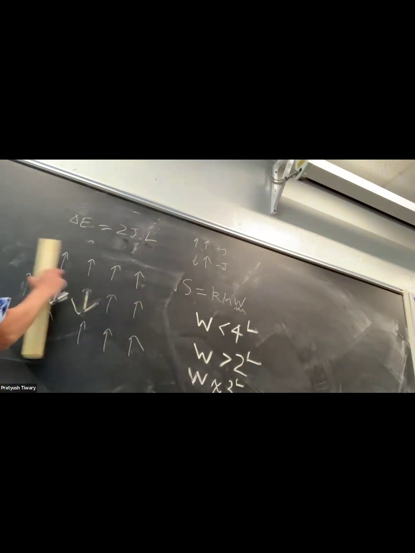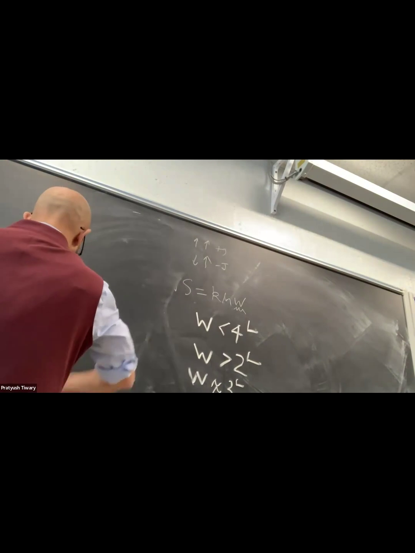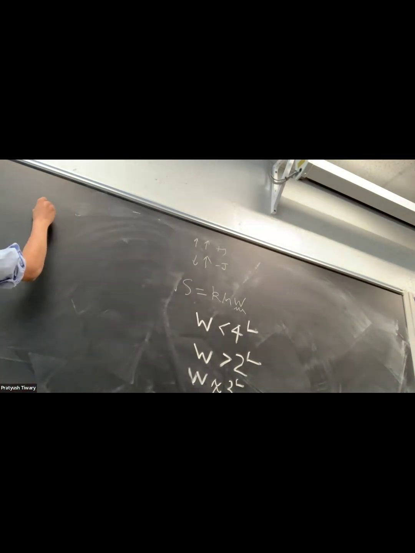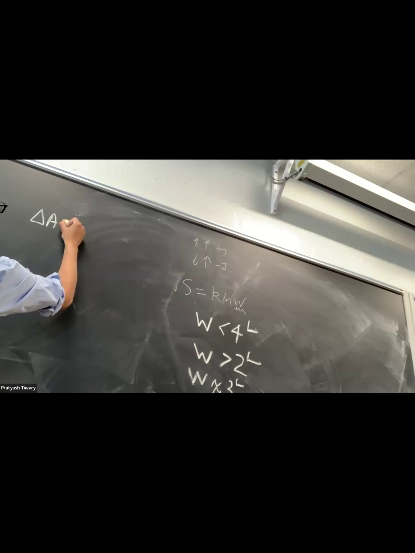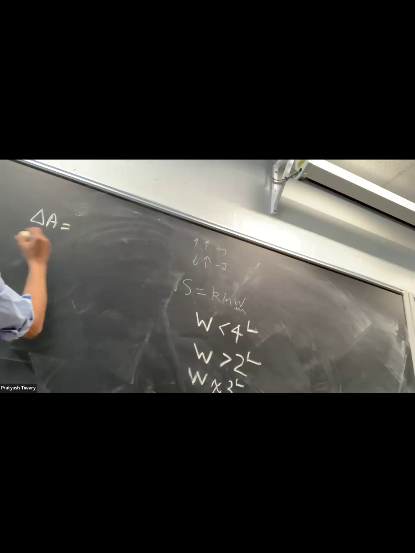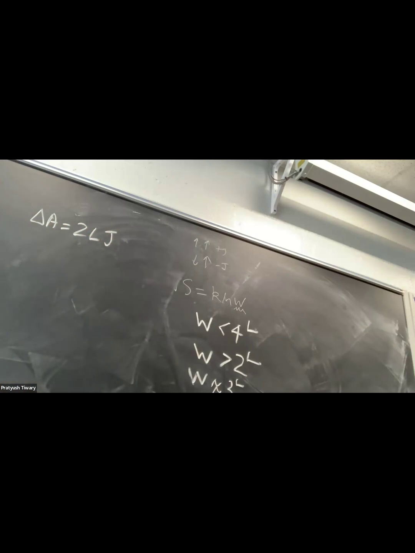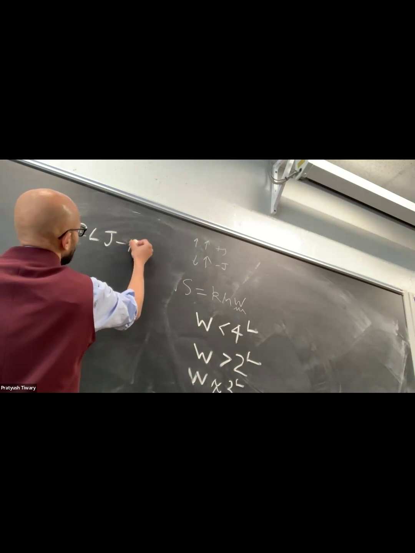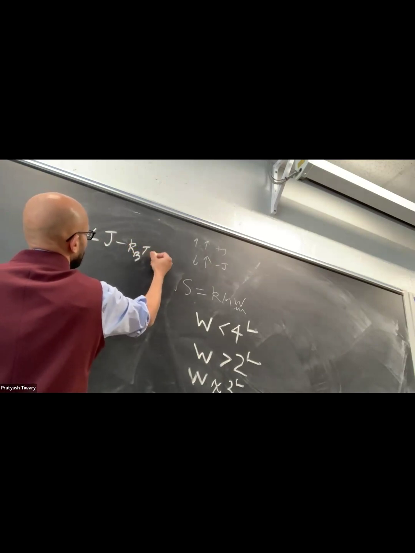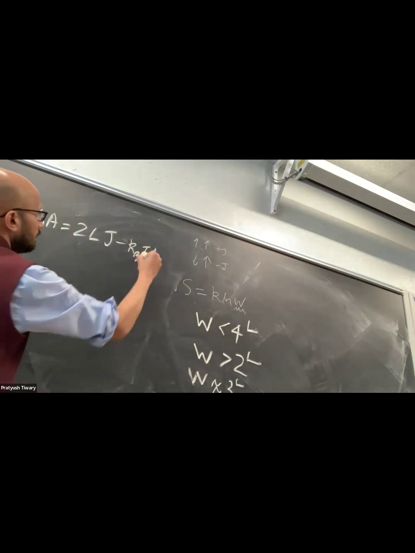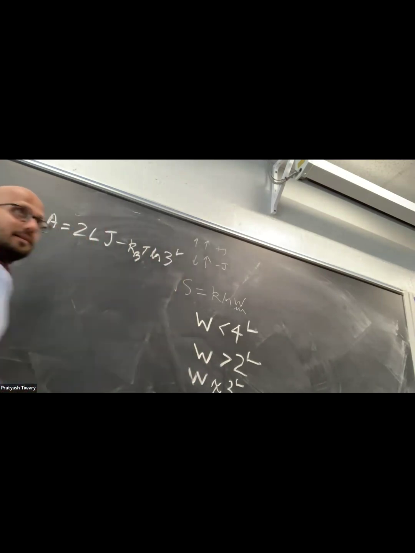I'm now going to erase this spin so that people on Zoom can see. So we have just shown that delta A is 2LJ, the number of bonds that are disrupted, minus kBT ln 3 to the power L, right?